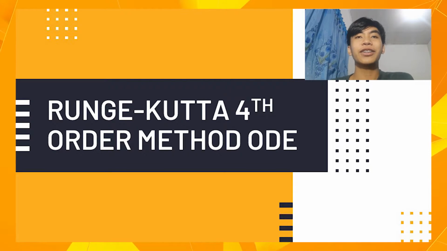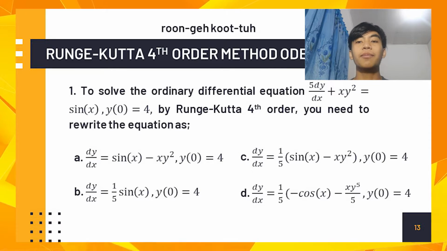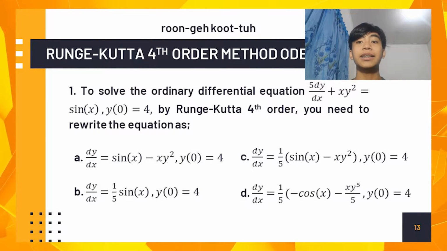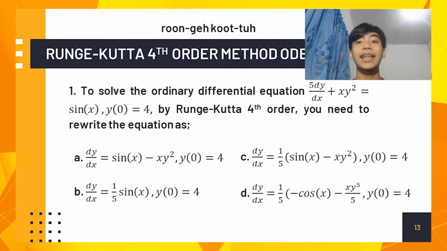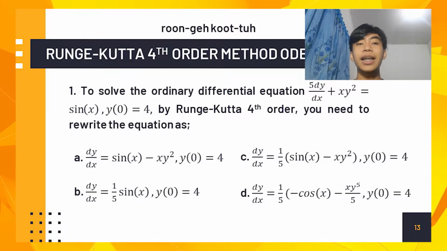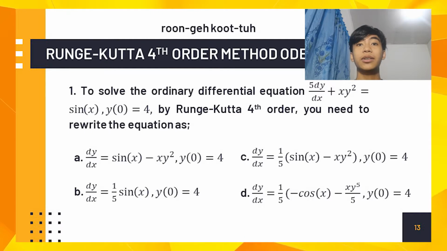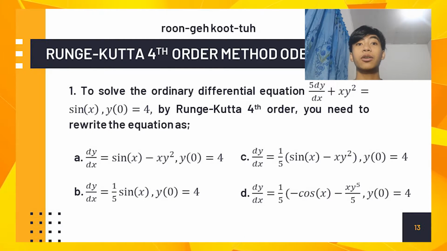The first question in Runge-Kutta fourth order method ODE is to solve the ordinary differential equation 5 dy over dx plus xy squared is equal to sine x, where y of 0 is equal to 4. By Runge-Kutta fourth order, you need to rewrite the equation. Choice A is dy over dx is equal to sine x minus xy squared, where y of 0 is equal to 4.